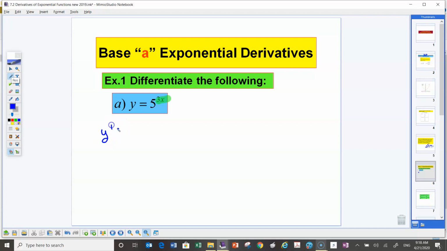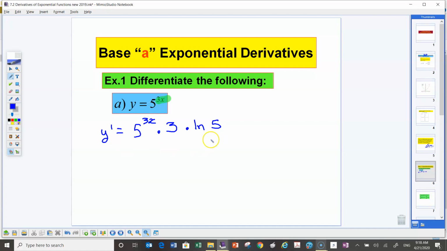The first step is the derivative of an exponential is itself, so you just rewrite the question the way it is. Then you multiply it by the derivative of the exponent, which is 3. And then we multiply it by the natural logarithm of the base. And the base in this case is 5. And that's your 3-step procedure for taking the derivative of an exponential function whose base is not e.